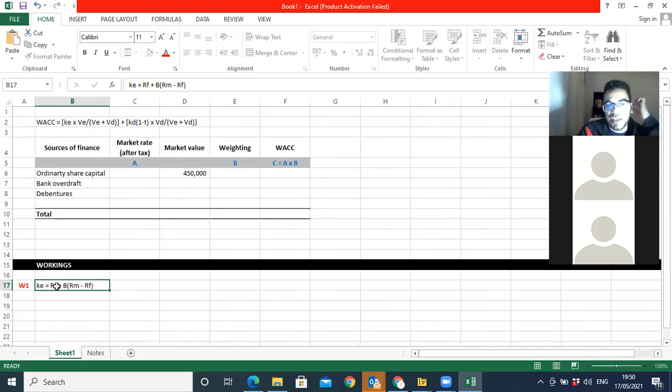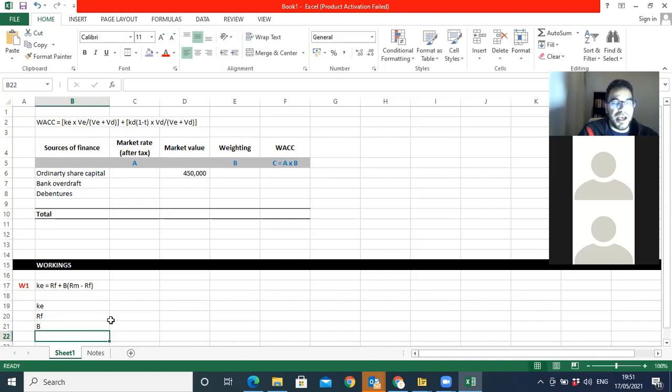Okay, so we want cost of equity. So what do we need? We need RF, we need beta, and we need RM, but in this case, it's RM minus RF.